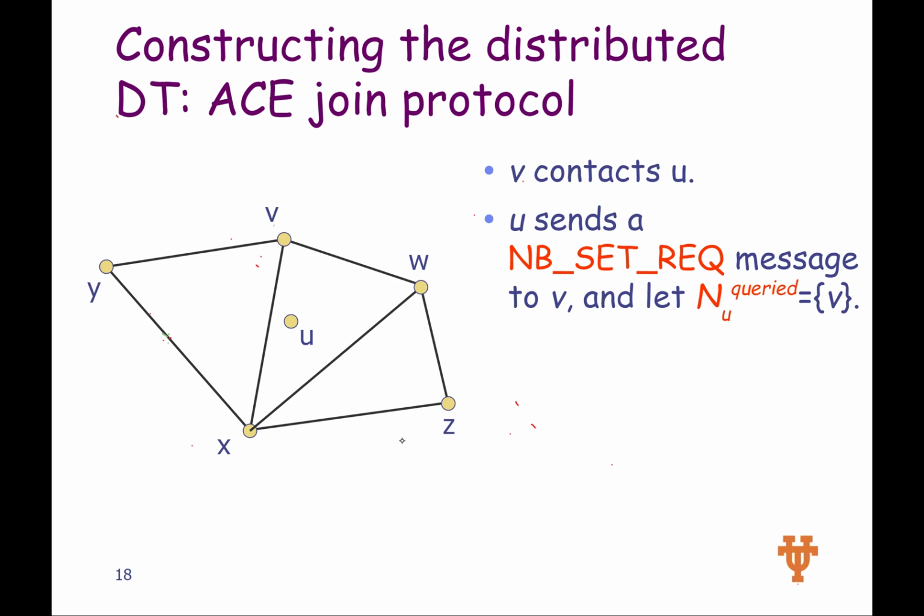And V, so now U knows V, right? Because W helps to find V, which is the closest node. And actually, another property of DT is that if V is the closest node to U, then V must be U's DT neighbor.